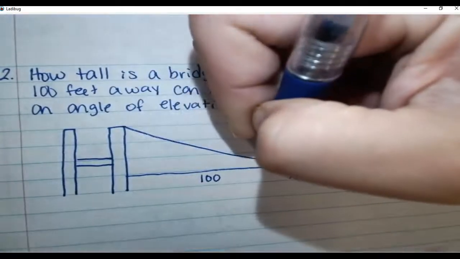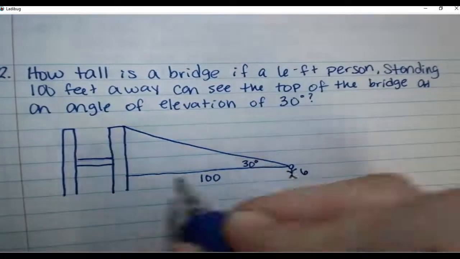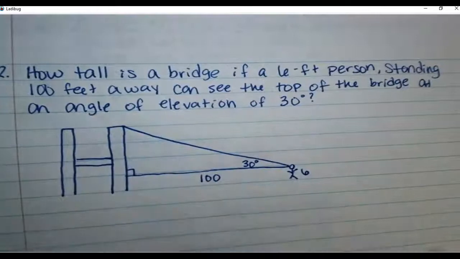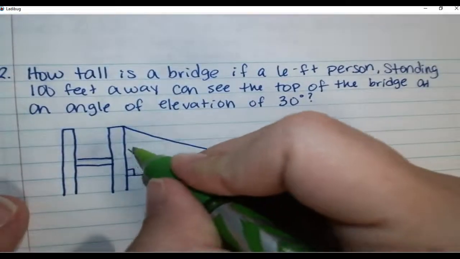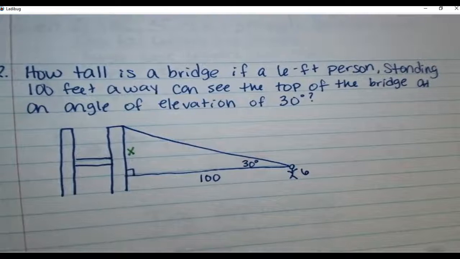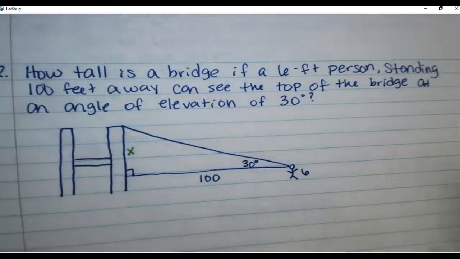So to the top, to their eyeballs, is 30 degrees. And so we want to know how tall is the bridge. Oh, gosh. Any questions on drawing it? Other than, why can't you draw a bridge?